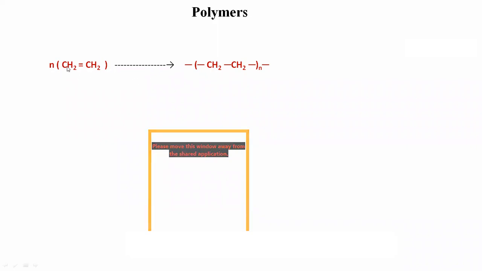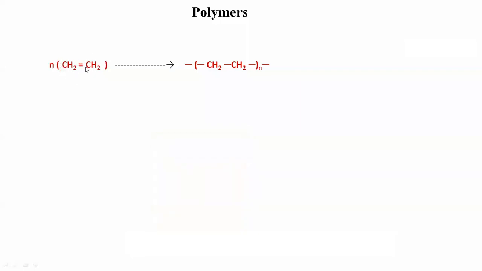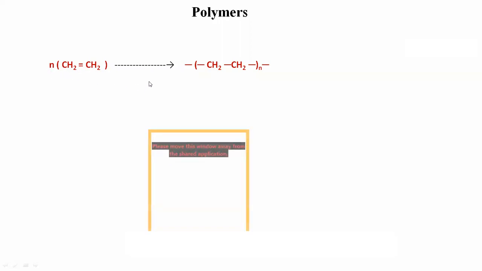So here we have CH2 double bond CH2. Here we have two CH2 groups attached by a double bond. We took n such molecules together and then we heated them. And what we have is CH2 CH2, they are intact, but they are joined with a single bond.